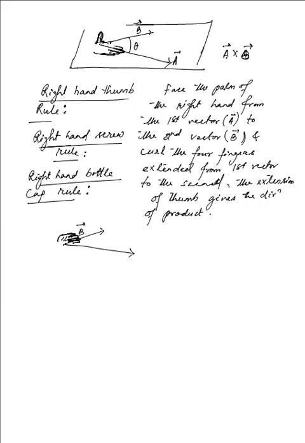This is your palm that is facing in this direction, and the thumb now is directed downward as you curl from B to A. Curl the four fingers of your right hand from B to A, and as a result, what you have is B cross A points downward to the plane containing A and B.